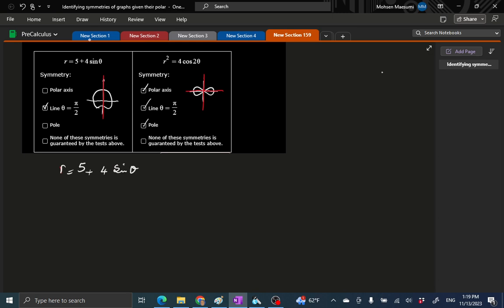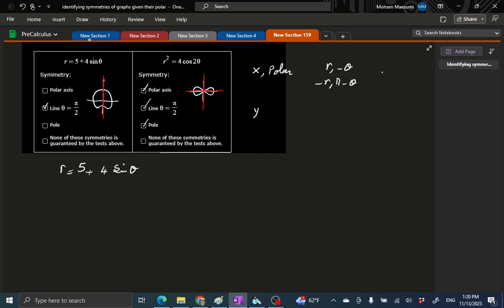So we have, let's make a list here. With respect to x-axis, or the polar axis, that would be changing r and theta to r and minus theta, or minus r and pi minus theta.